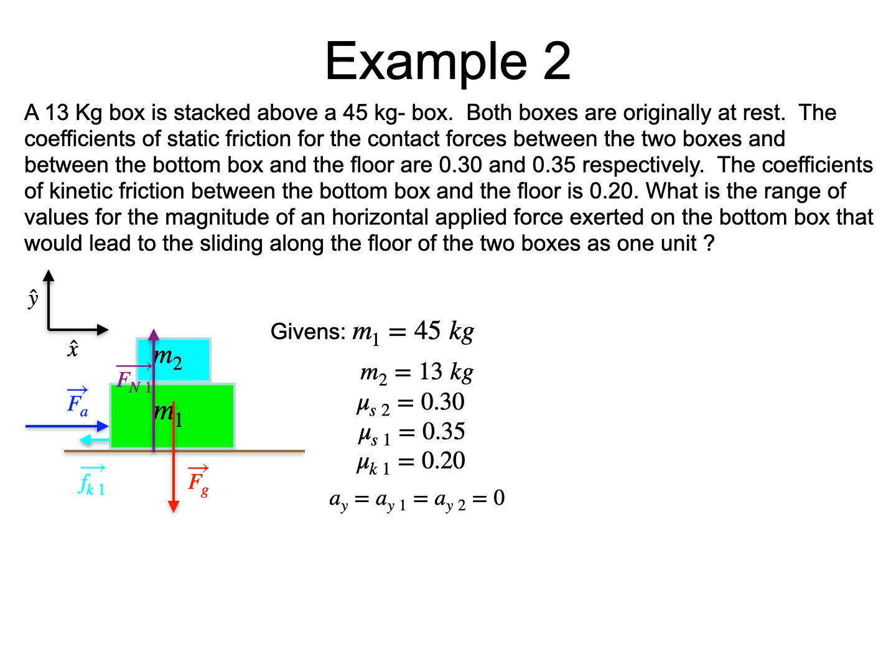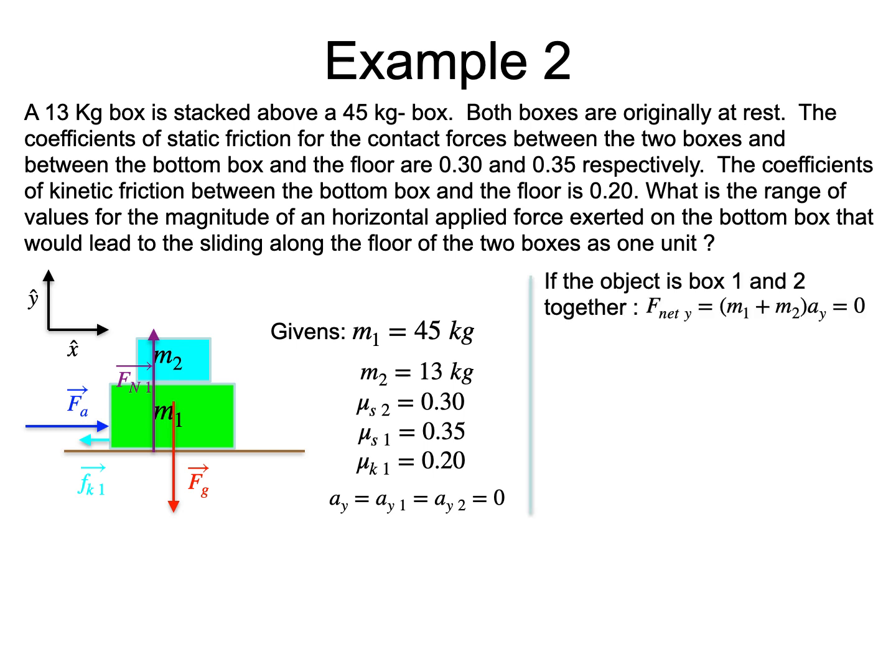Application of Newton's second law for the vertical components gives this. The only vertical components are for the normal and the weight, which can be replaced with Fn1 and minus (m1 plus m2)g respectively, and which leads to the magnitude of that normal force being equal to the magnitude of the weight of the two boxes.